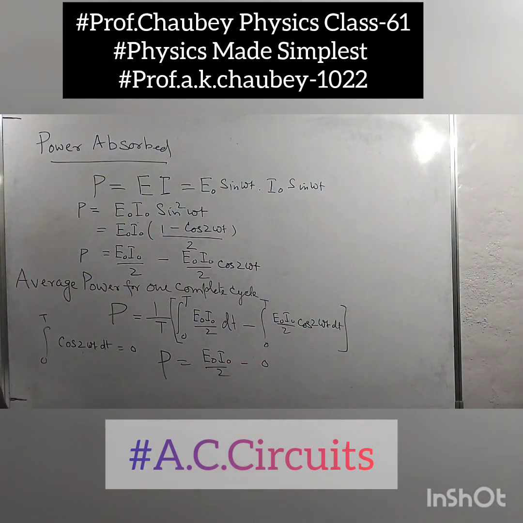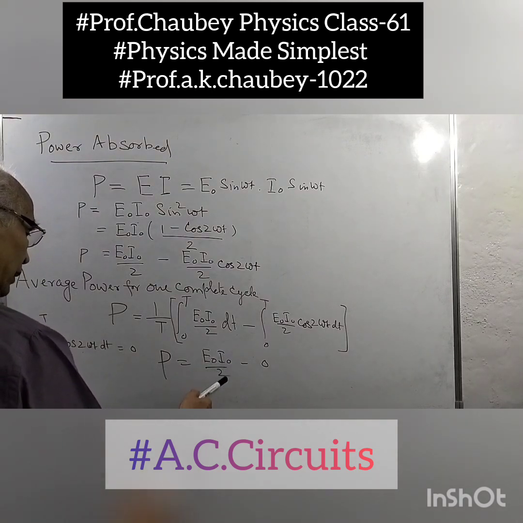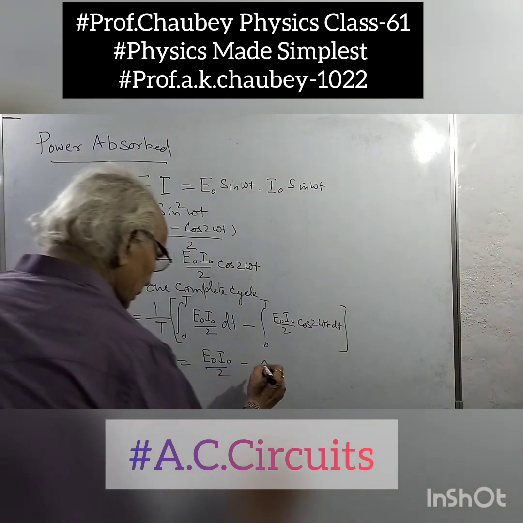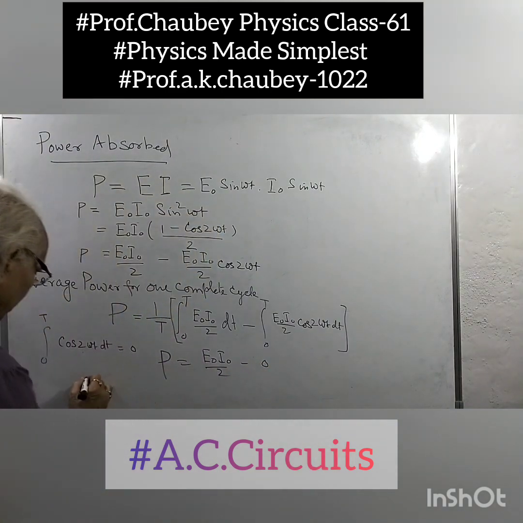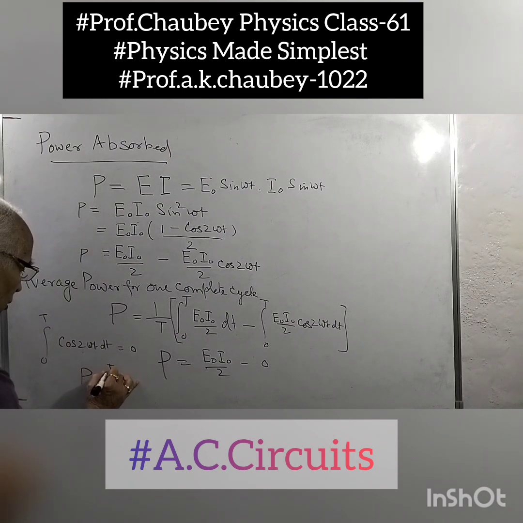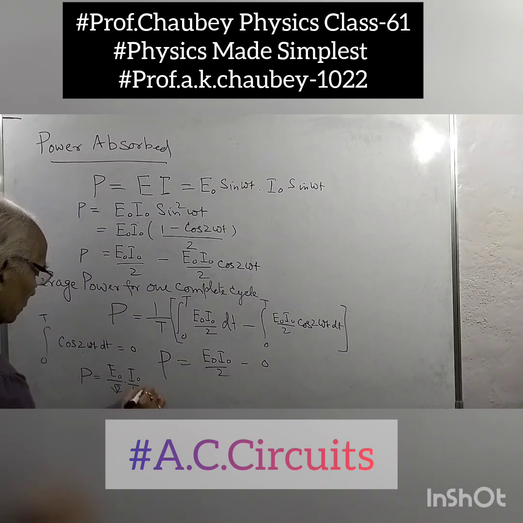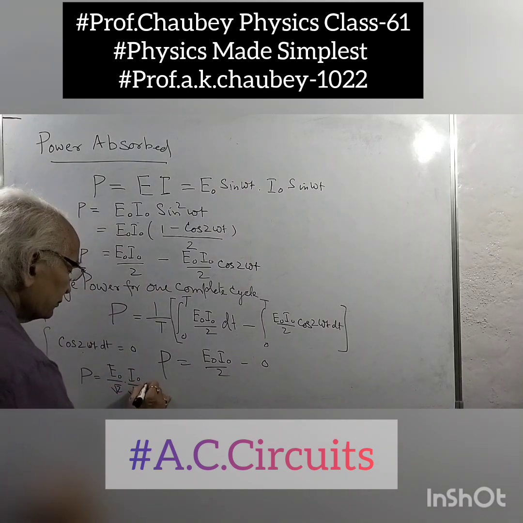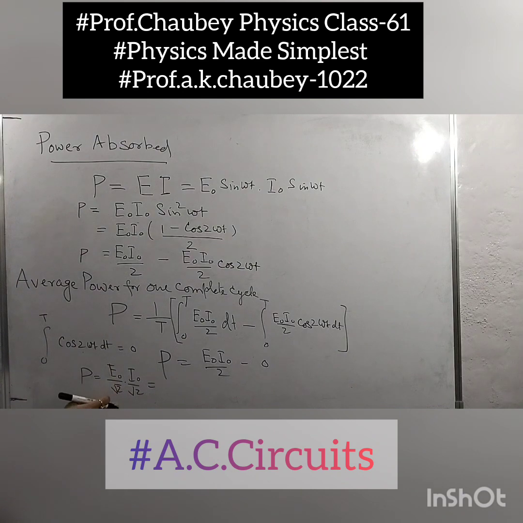This means power is E naught by under root 2 into I naught by under root 2. These are the RMS values. So power P is E naught by root 2 into I naught by root 2.